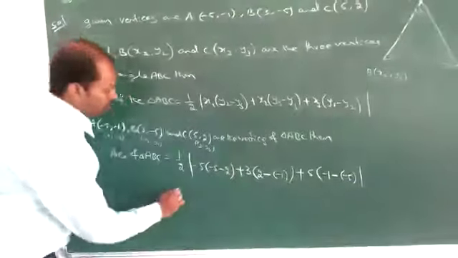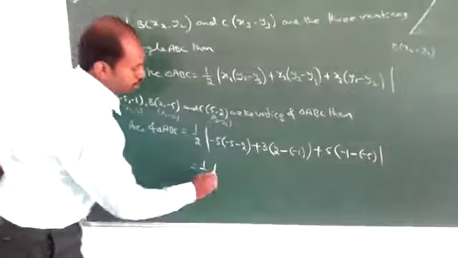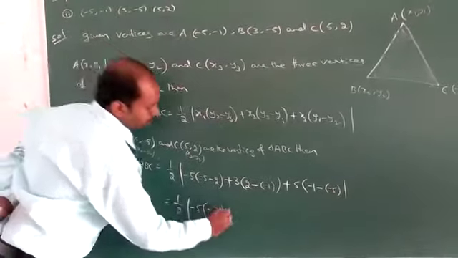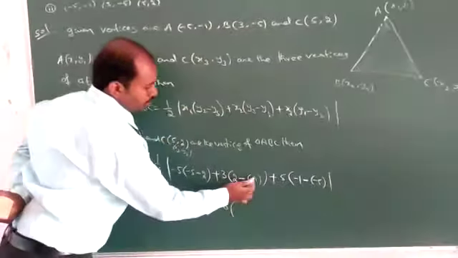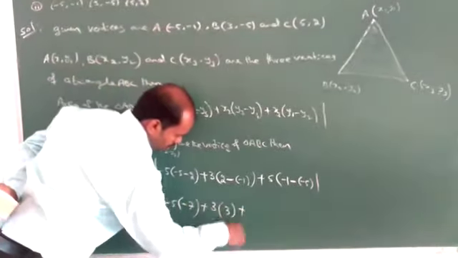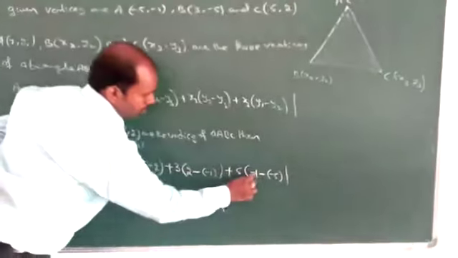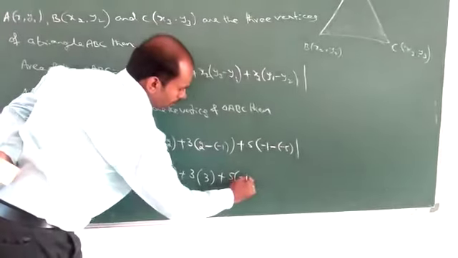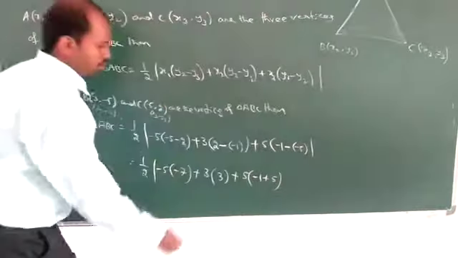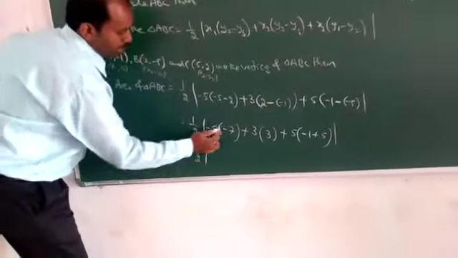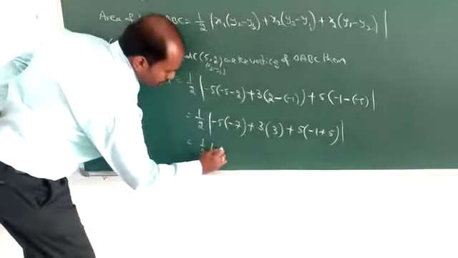Modulus closed. Simplify first the bracket values: minus 5 minus 2 is minus 7, plus 3 of minus into minus plus 2 plus 1 equals 3, plus 5 into minus 1 minus 1, minus into minus plus, equals plus 5.